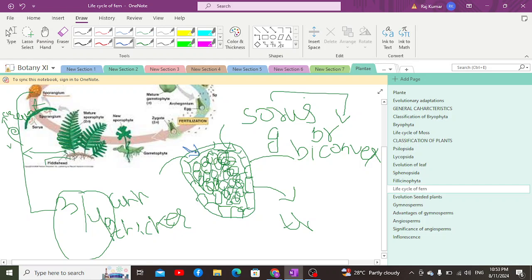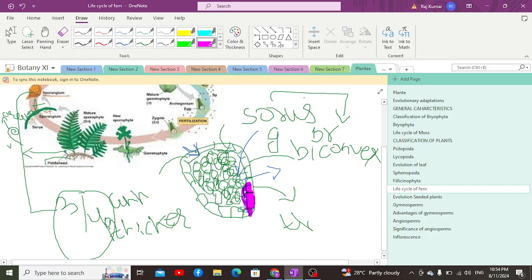When the annulus cells contract in dry weather, with a huge amount of dry mass present within the sporangium, the annulus exerts pressure over the sporangium, and the pressure is transmitted towards the stomium region. Let's suppose this is the stomium region.